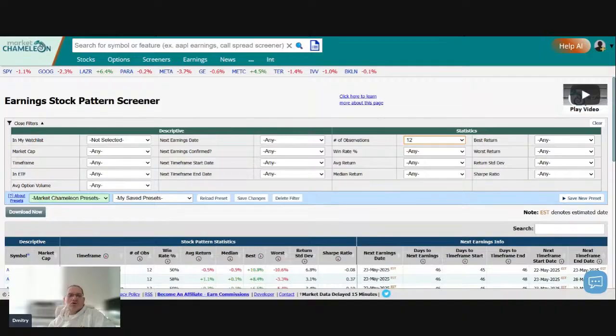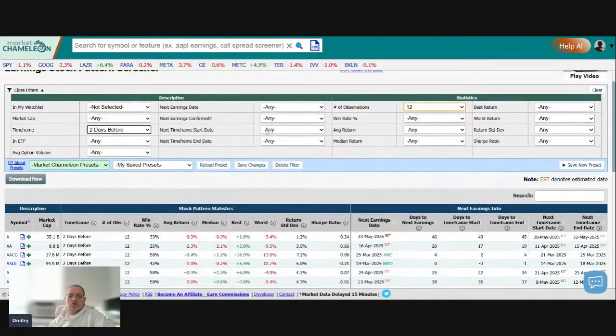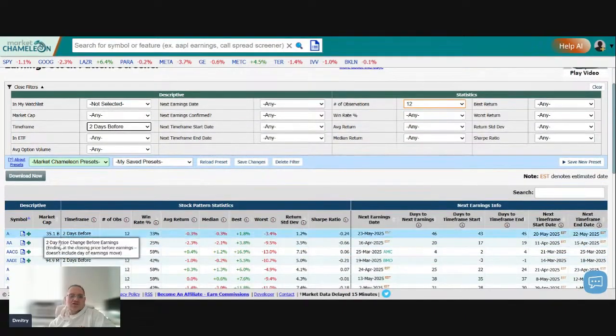Let's say 2 days before earnings, and this would be prior to the earnings. So this wouldn't include the earnings date. It just looks at 2 days before the earnings and closes out at the end of the day before the earnings are announced.